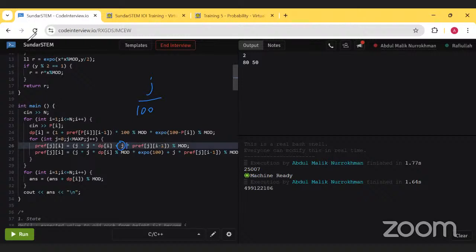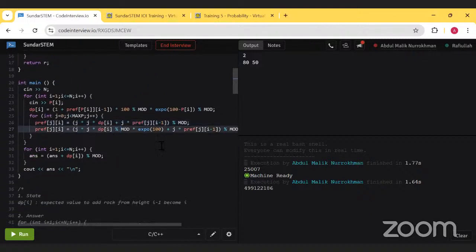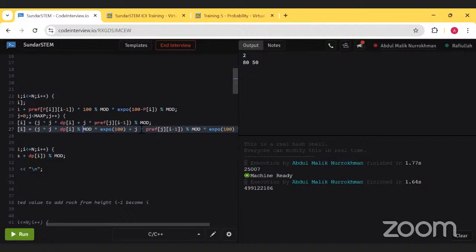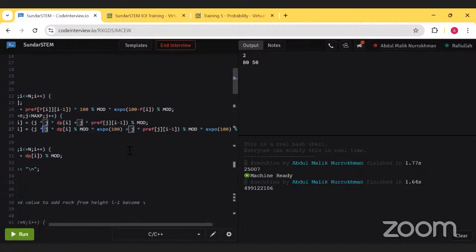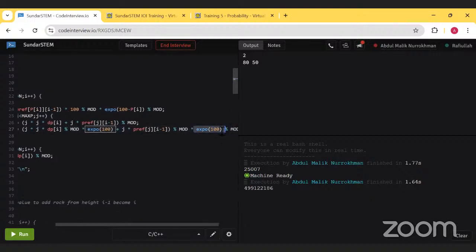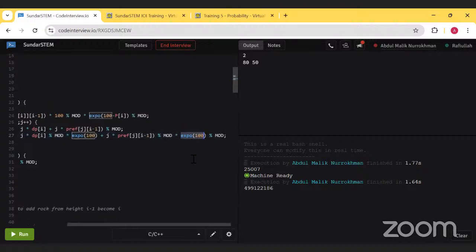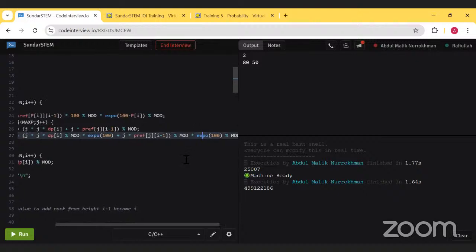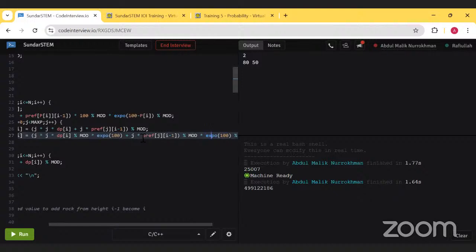So the formula becomes like this, because all of them are j here, so I put it in the last computation, or actually I can put j outside too.